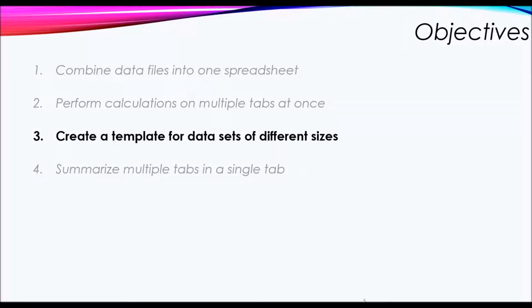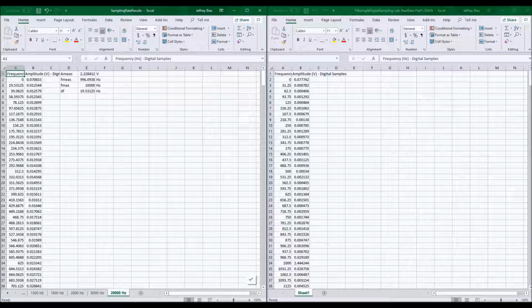Now, in order to work with this, you can create a template that can adjust its size. Alright, so I'm going to do this on the 20,000 Hertz tab, and once I make this into a template, I'm going to duplicate that and then copy paste the 32,000 Hertz signal from over here into the new templated tab that we will create.